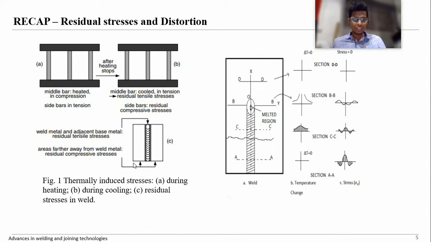This same analogy can be correlated to the weld joint. Suppose in this figure C, I consider this as a welded joint, and at the center point initially welding happens, and then I allow it to cool down.